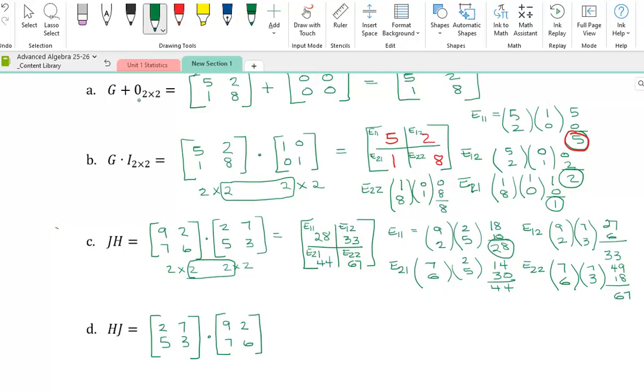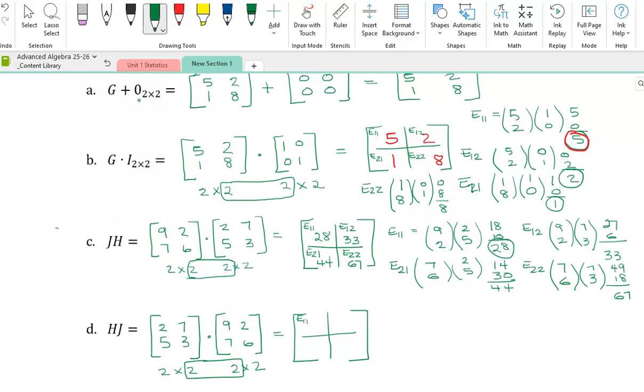We know this is a 2 by 2 times a 2 by 2. Just because we reverse these doesn't mean it works, but it just so happens with this one, it does. So we know we're dealing with another 2 by 2.